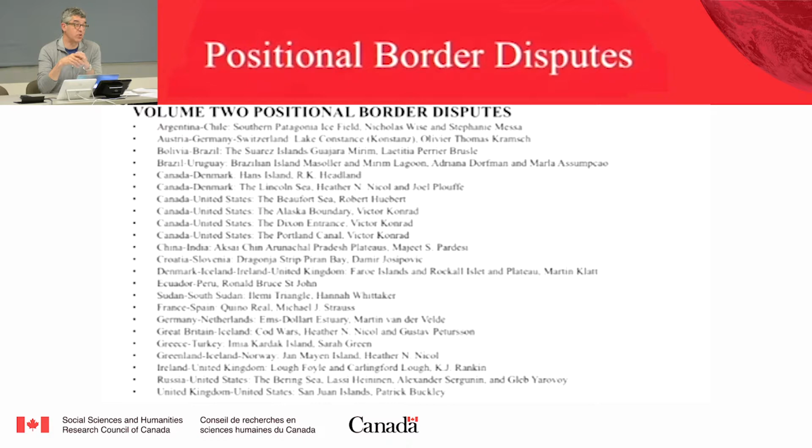So what UNCLOS does is it standardizes all of this, and it creates a system of rules that then obviously has to be implemented. That's why the tribunals appear, and that's why the resolution is possible.